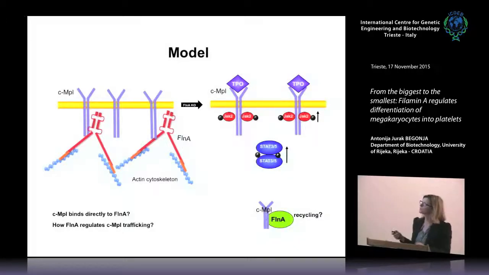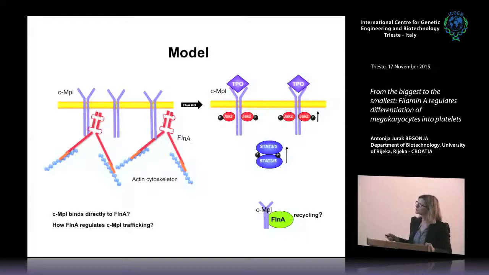So as a summary or a model that we have at the moment, if there is no Filamin A, it seems like Filamin A acts as a brake to inhibit overall or too much of activation of TPO signaling, of activation of JAK and STATs.